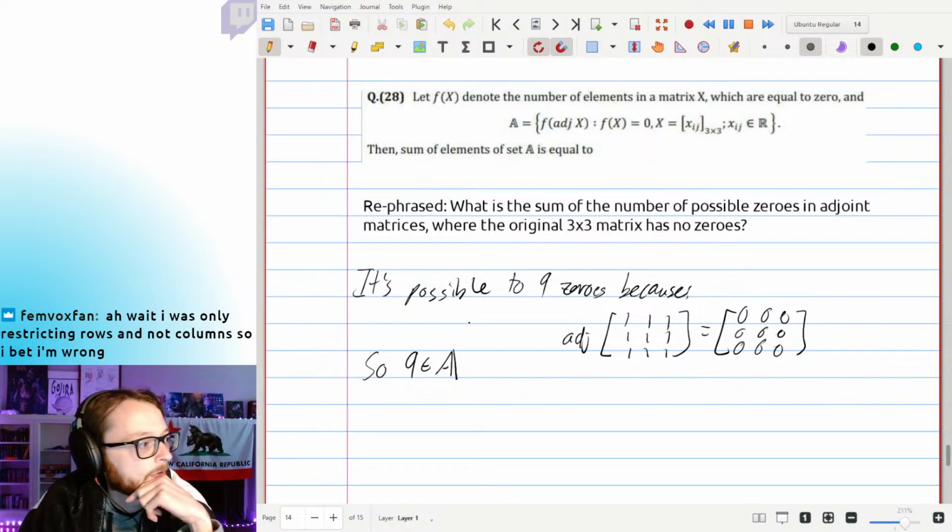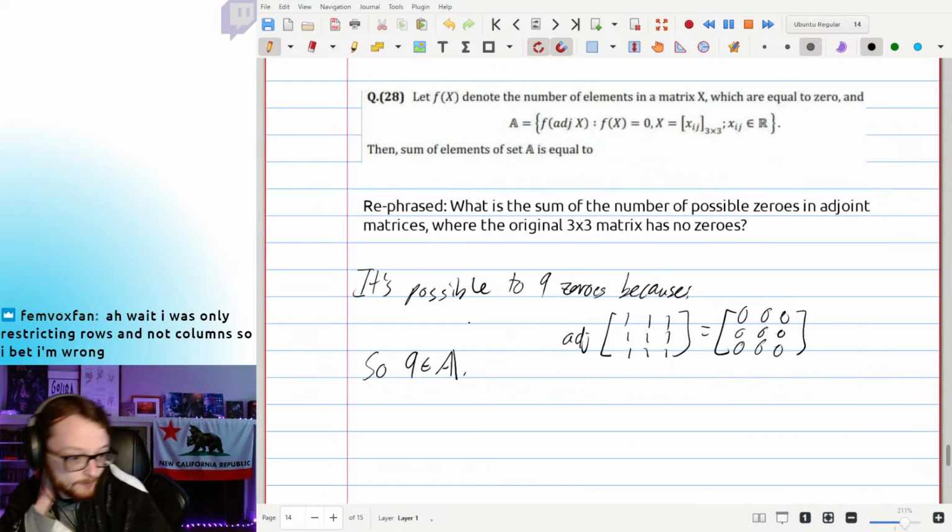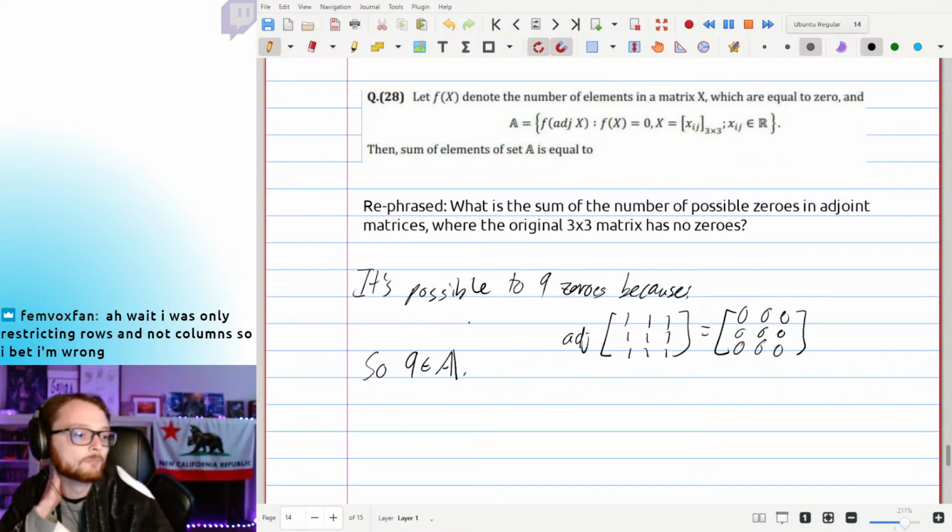So 9 is in set A. You're only restricting rows and not columns, so I bet I'm wrong. Oh.